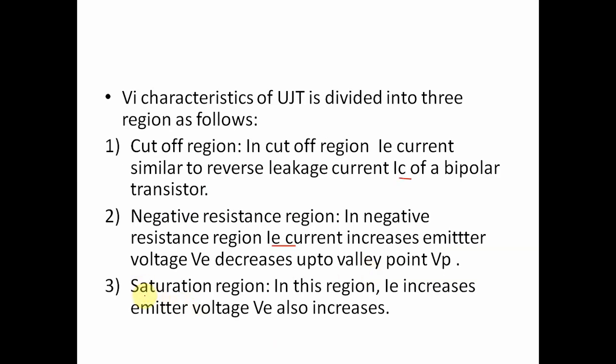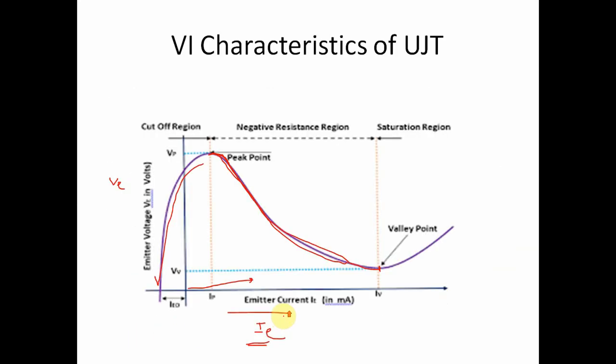Now the third region is the saturation region. In this region, as the emitter current IE increases, the emitter voltage also increases. The VI characteristics of UJT is divided into three regions: cutoff region, negative resistance region and saturation region.